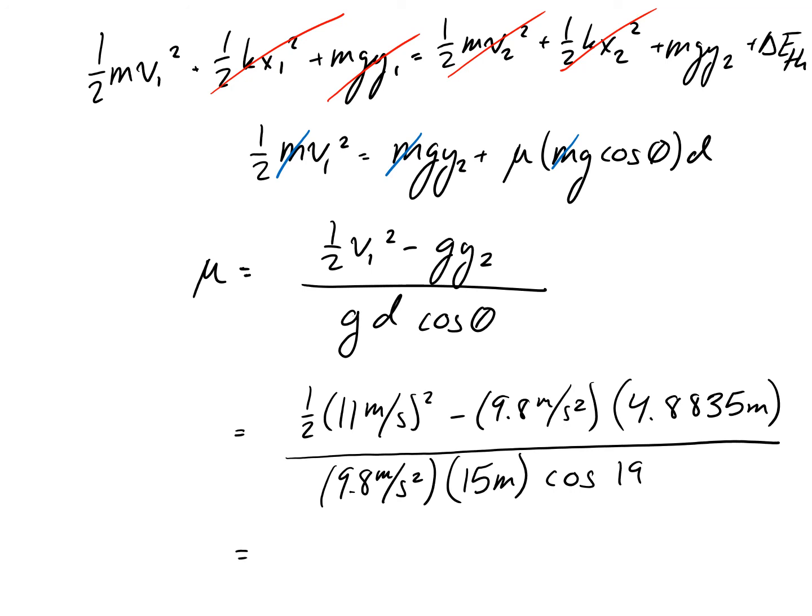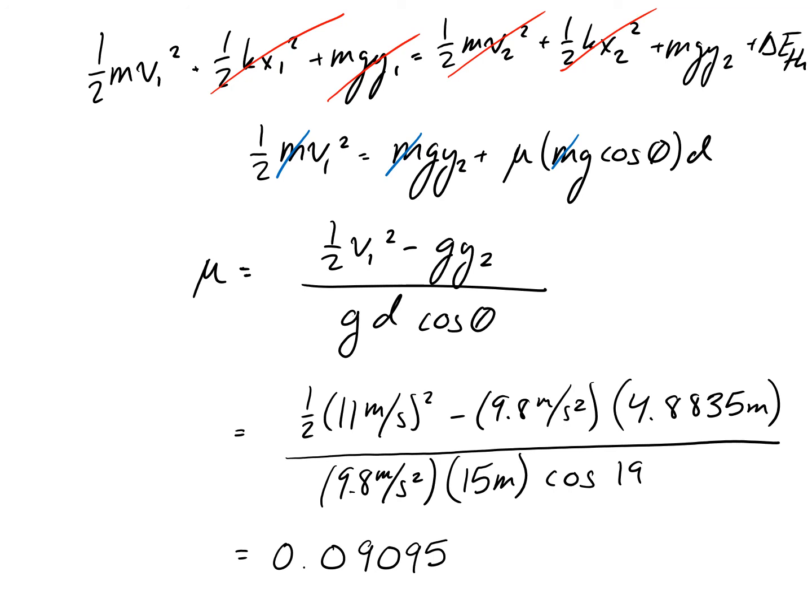Assuming I plug this into my calculator correctly, the number makes sense, so I'm guessing I did. I got 0.09095. The coefficient of friction is unitless, so I don't need to worry about any units.